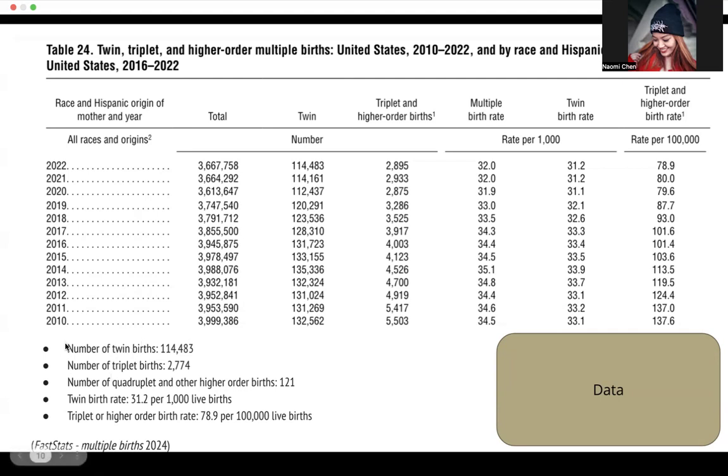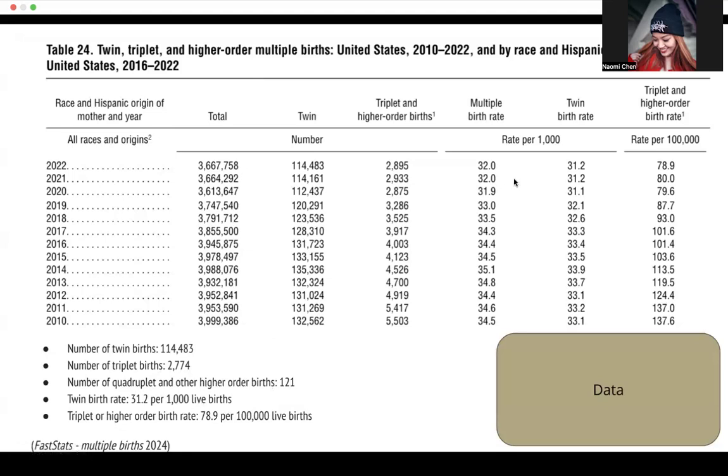We can see in 2022, the number of twin births is 114,483. The number of triplet births is 2,774. The number of quadruplets and other higher order births is 121.